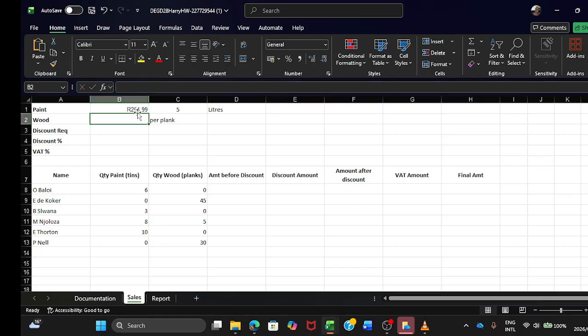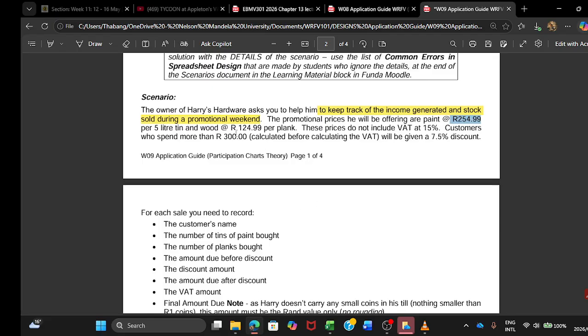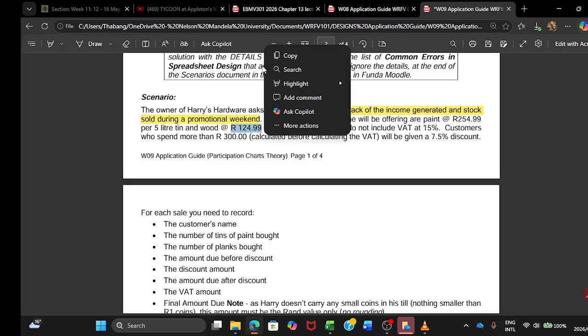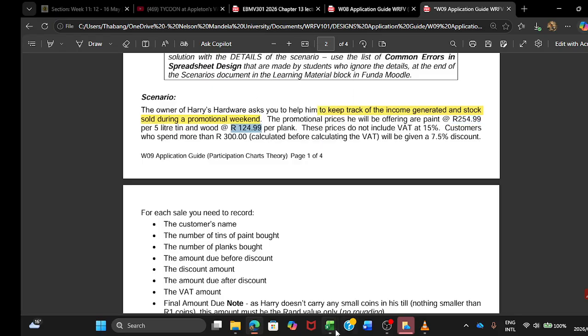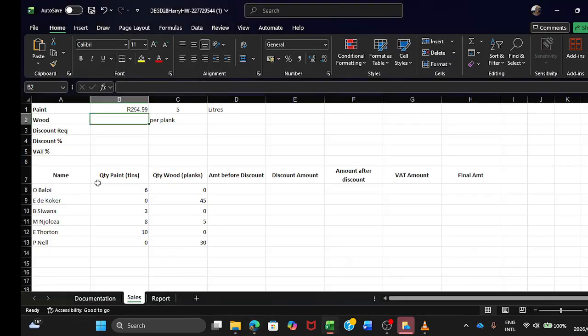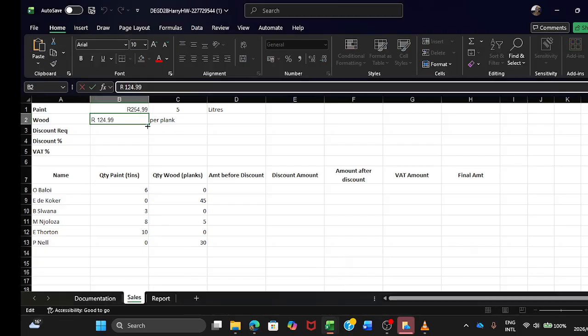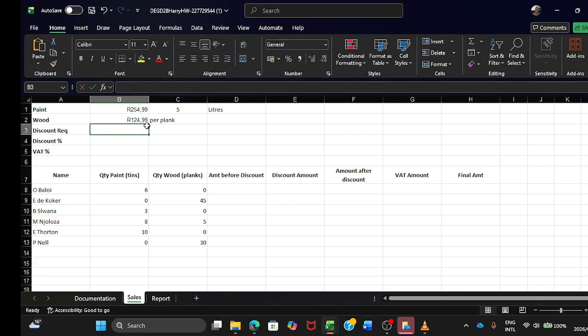It has to give you currency. If it doesn't give you currency, then you have to change it to currency. Then we also have the price for the plank or the wood, which is 125.99, basically 125. We're going to copy this and paste it here. It's going to have to give us currency.